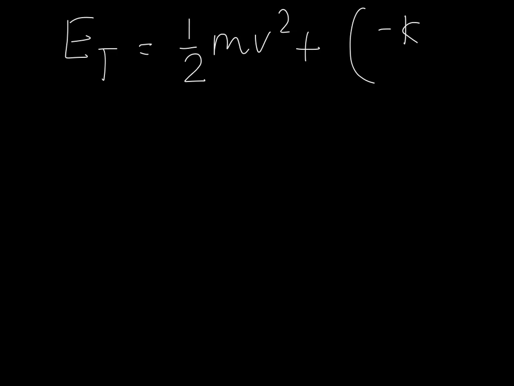So the total energy ET is equal to half mv squared, which is the kinetic energy, added to the electrical potential energy, which is minus ke squared over r.